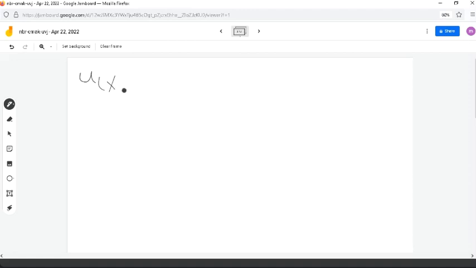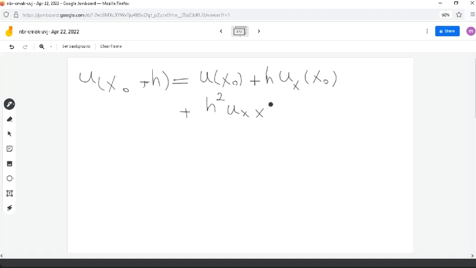u of x0 plus h is equal to u of x0 plus h u subscript x of x0 plus h squared u_xx of x0 over 2 factorial.